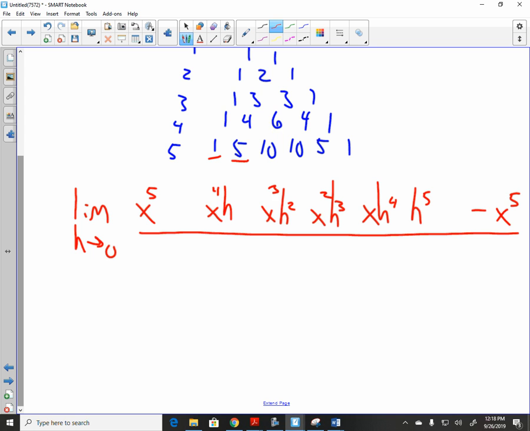Like we get that whole beast, and then the coefficients, again, there's a 1 here, and then the second one is the degree, right? And then 10, 10, 5, and 1 h to the 5th. What happened when you did this? What happened?